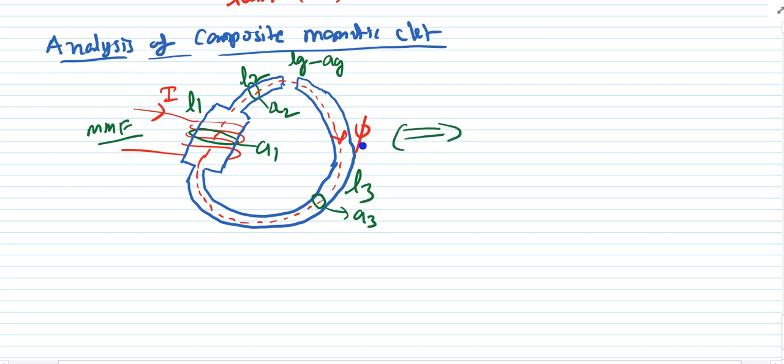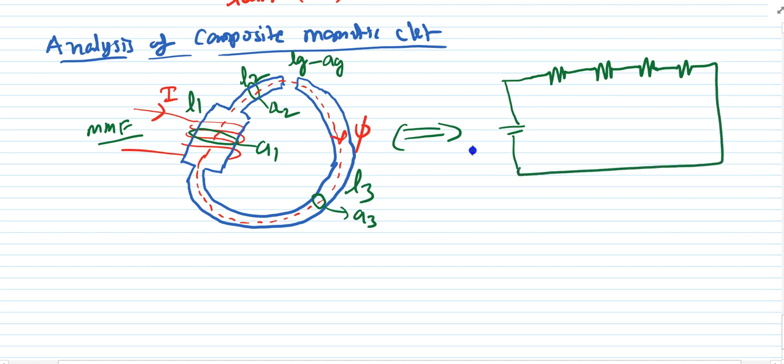If you draw this diagram in an electrical circuit manner, it comes like this. This is my MMF. This is one reluctance, this is one reluctance, this is one reluctance, this is one reluctance, isn't it? So this is the MMF, and this is phi.